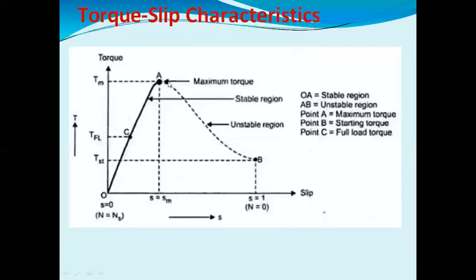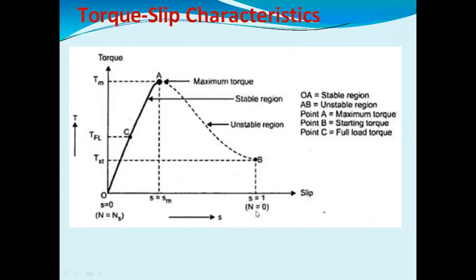So this is the general torque slip characteristics, where I will discuss in the next slide why this relation comes. Just see that OA is the stable region. AB, that particular part, is the unstable region, and this is the value of the maximum torque at slip S equal to Sm. This is the value of the starting torque at point B. The torque is along the y-axis and slip along the x-axis.